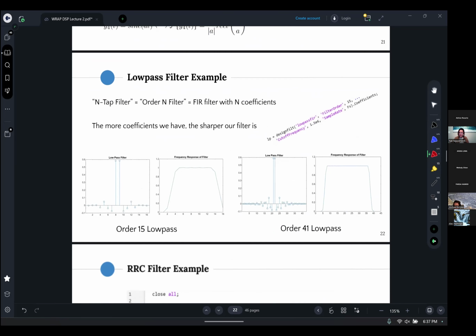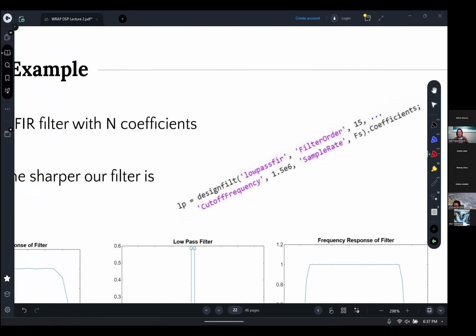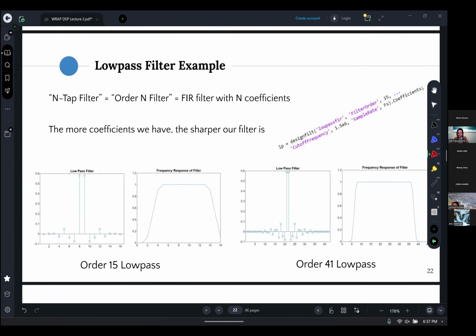So for a graphical representation of this, here is the MATLAB code to generate a low pass FIR filter. Fifteen is the order, like how many points we want our impulse response to be.